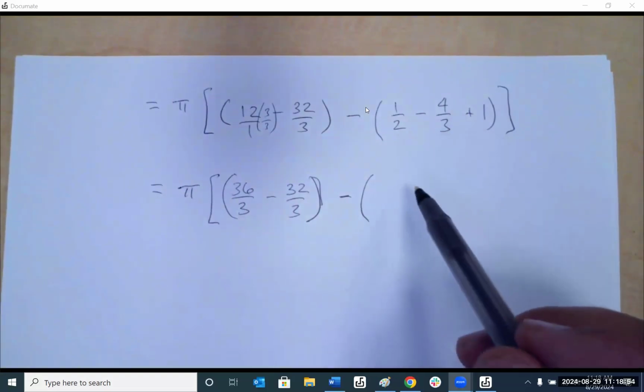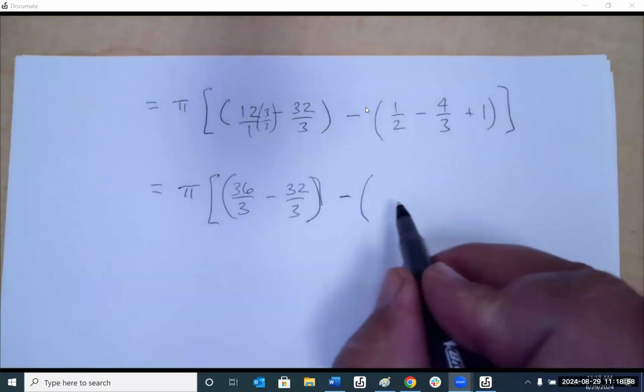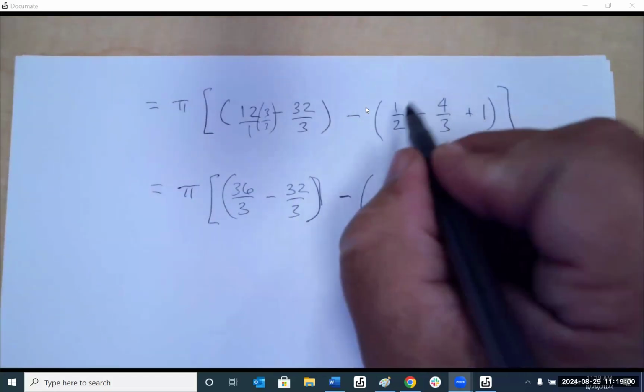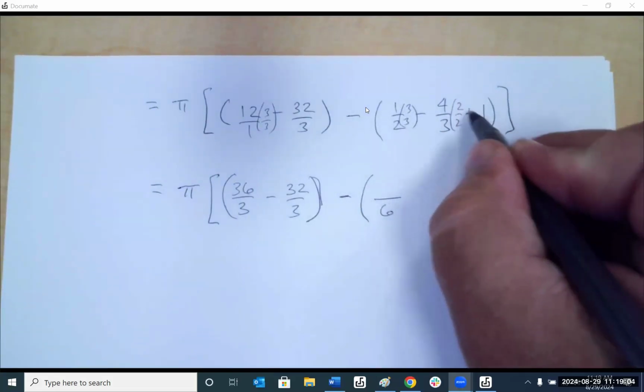And in the second parenthesis, what's the LCD? 6. So we need 3 here. We need 2 here.